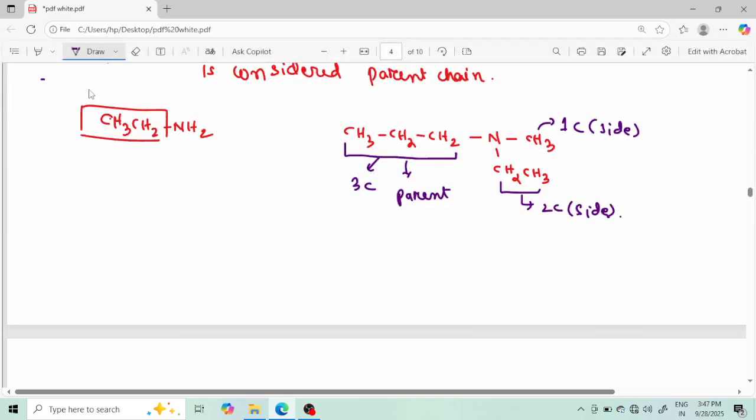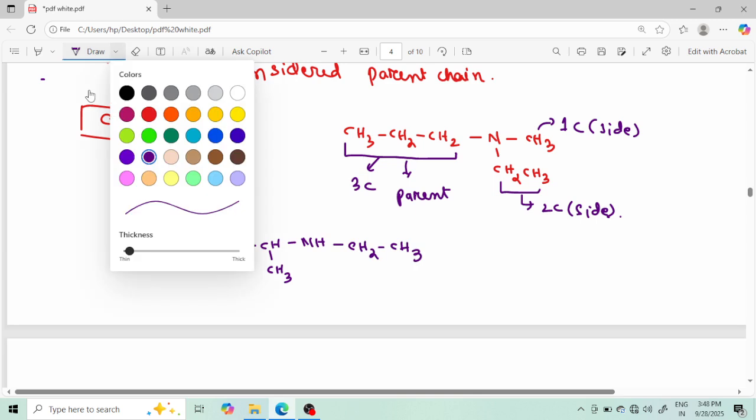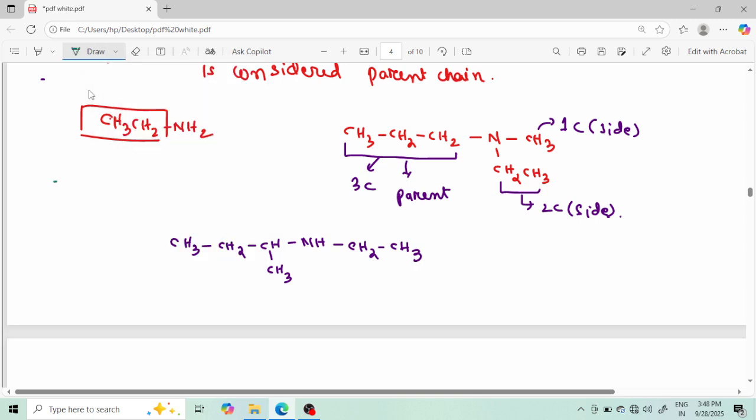Now if I give this example, last example, CH3 CH2 CH and CH3, okay, and here you have NH CH2 CH3. So which one will be my parent chain? So if you look carefully, this is continuous carbon or not, right?